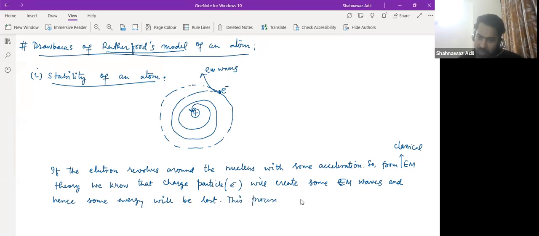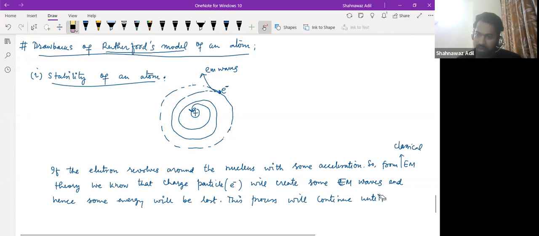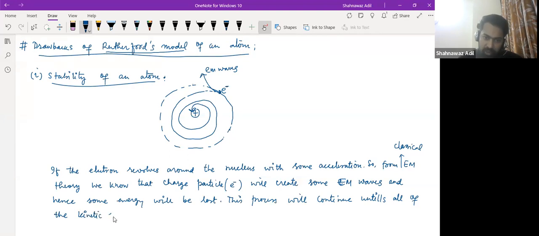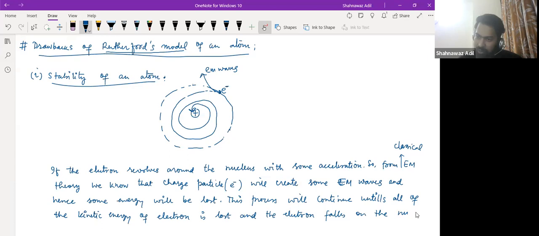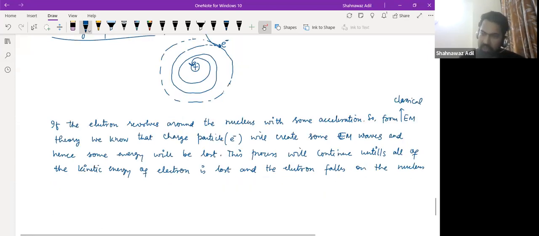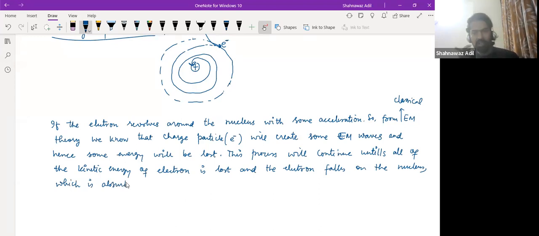This process will continue until all of the kinetic energy of the electron is lost and the electron falls on the nucleus, which is absurd, because we see all the elements are stable.